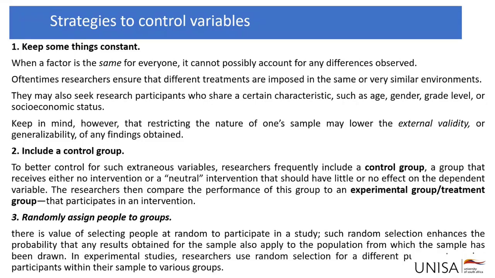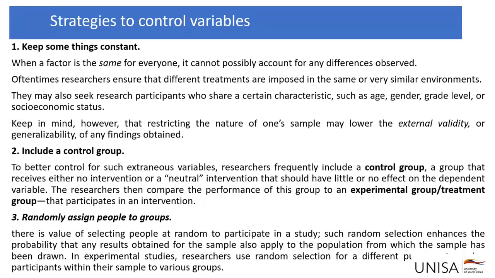Include a control group. A control group is that group that you use in comparison to the experimental group. So you give one group something and you look at the one that is not receiving anything and you compare the two. Randomly assign people to groups.